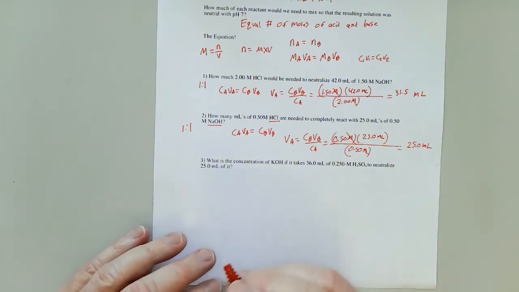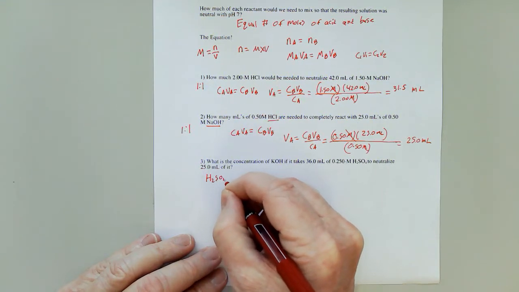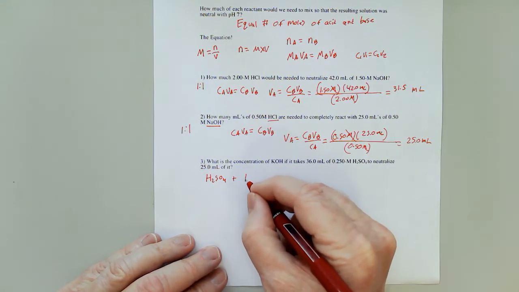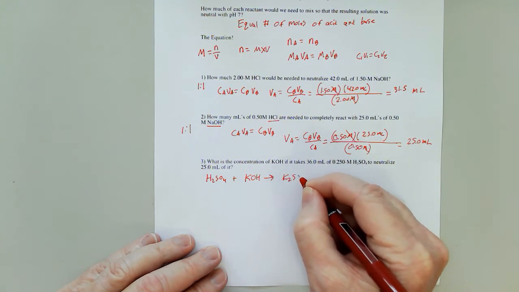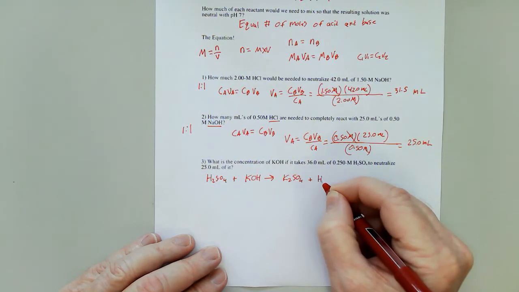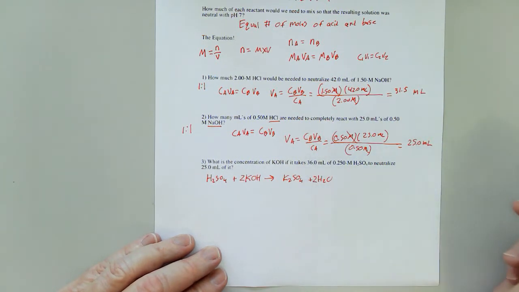So now, how about when I'm reacting H2SO4 and KOH, which would give me K2SO4 and H2O, and I'd have to put a 2 there and a 2 there. This is now a 2-to-1 ratio.